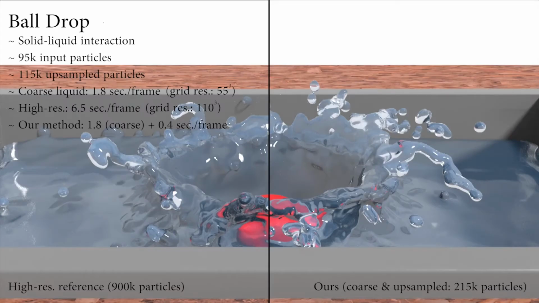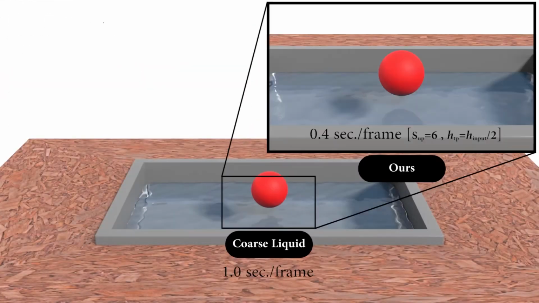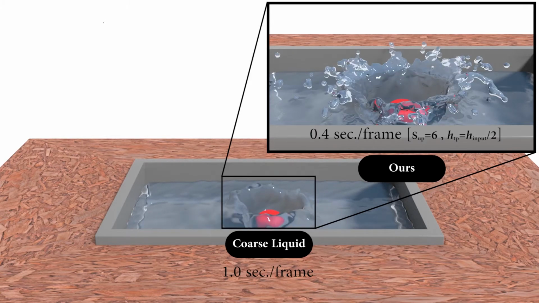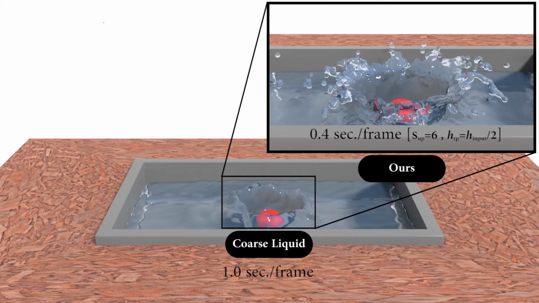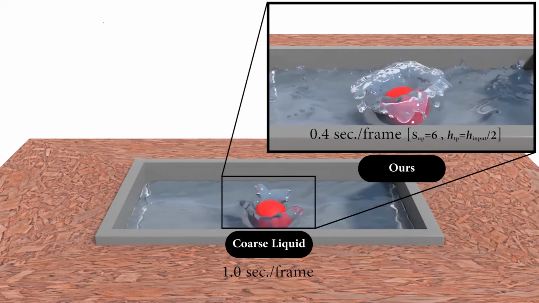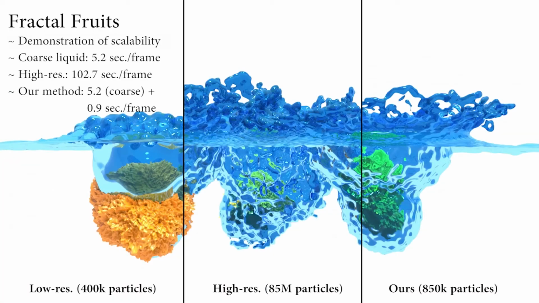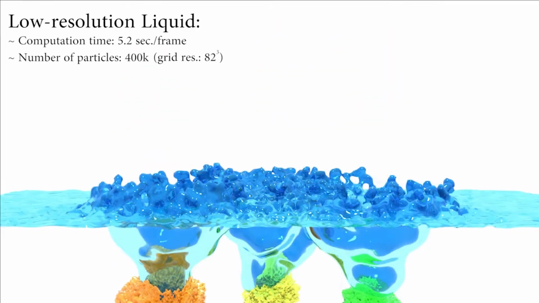A classic example in which we demonstrate the efficiency of our approach to generate ground splashes in low-resolution liquids. We also used our approach in comparison with high-resolution liquids simulated with millions of particles.